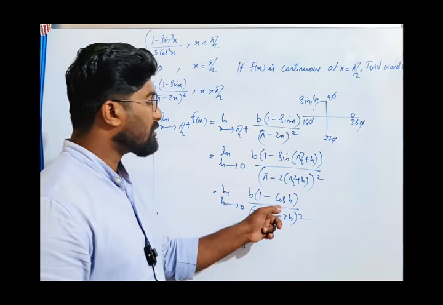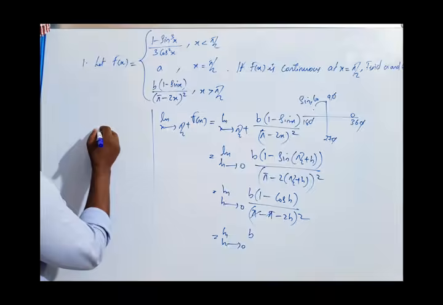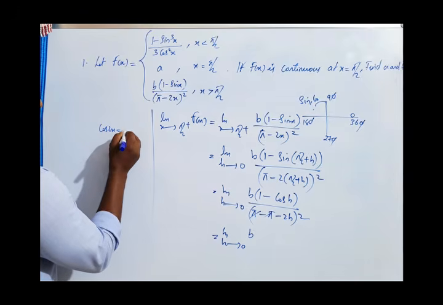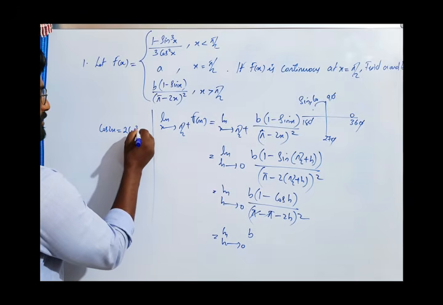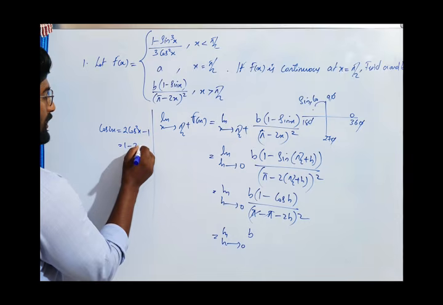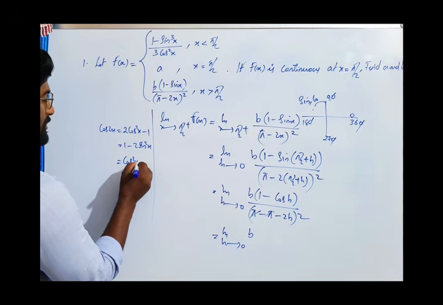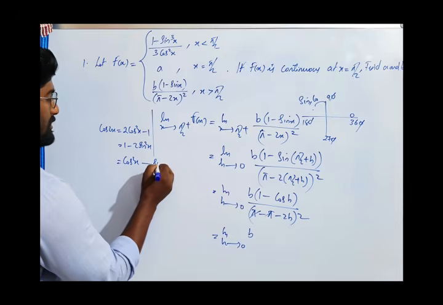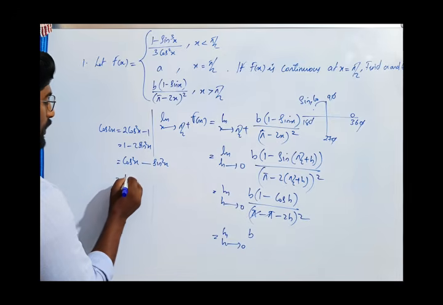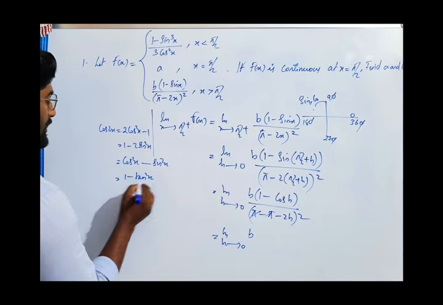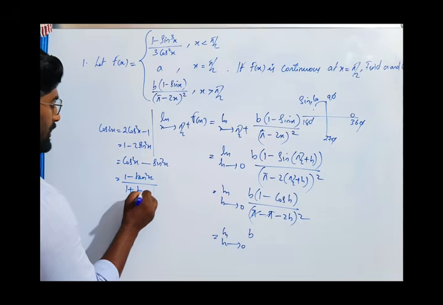So these all are obtained from cos 2x. Cos 2x is equal to 2 cos square x minus 1, or 1 minus 2 sine square x, or cos square x minus sine square x, or (1 minus tan square x) divided by (1 plus tan square x).